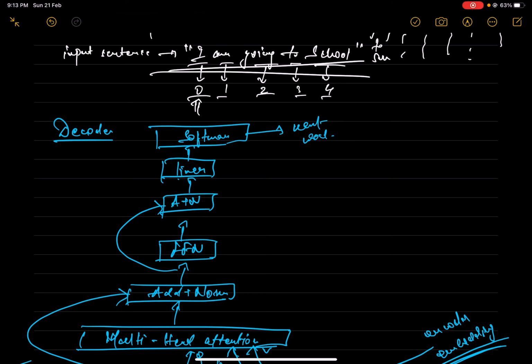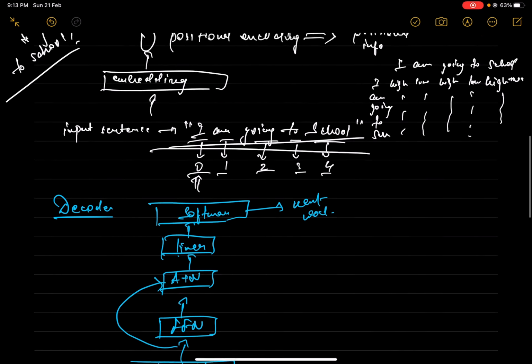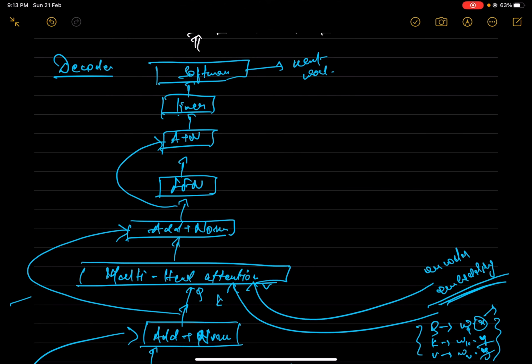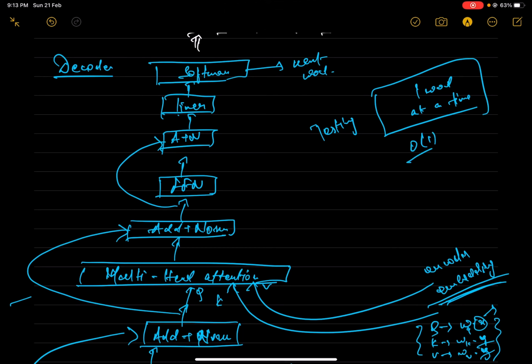I understand that you're having a lot of doubts, but I assure you all of these doubts are going to go away when I explain attention, and in future videos I explain how a transformer is trained overall. During testing, we predict one word at a time, but while training, the whole thing has a complexity of O(1). Again, it's not exactly O(1).